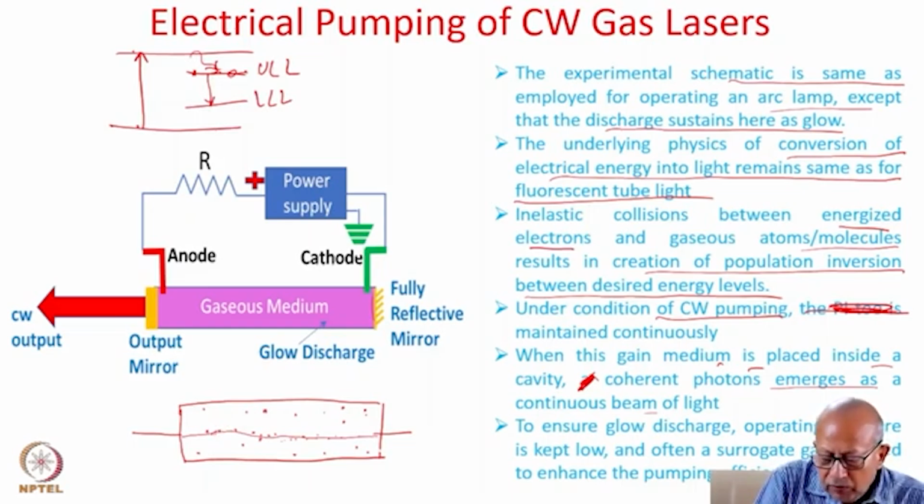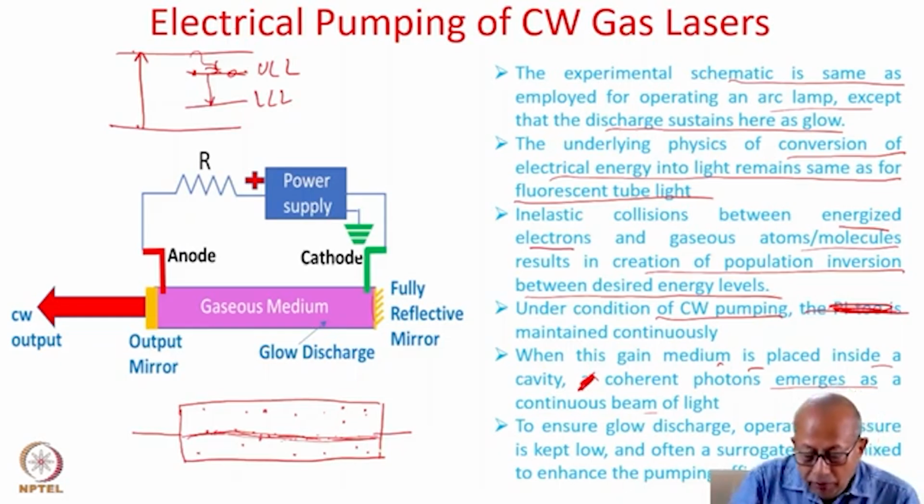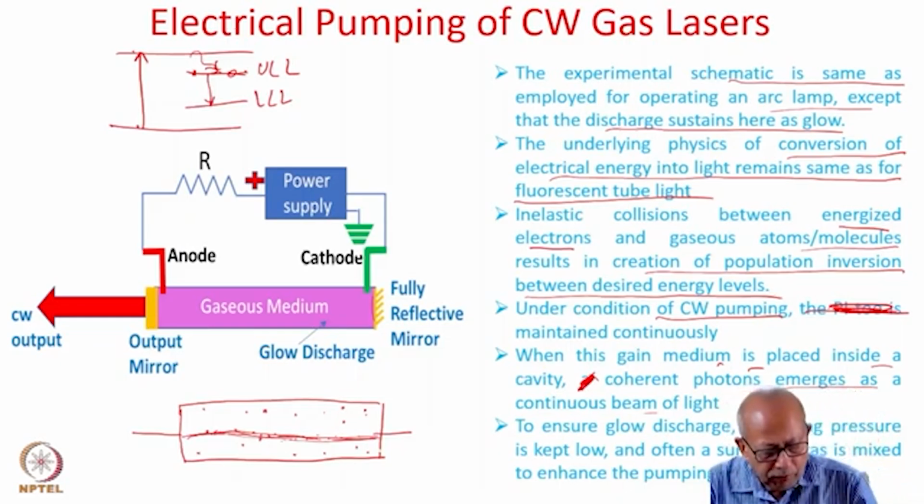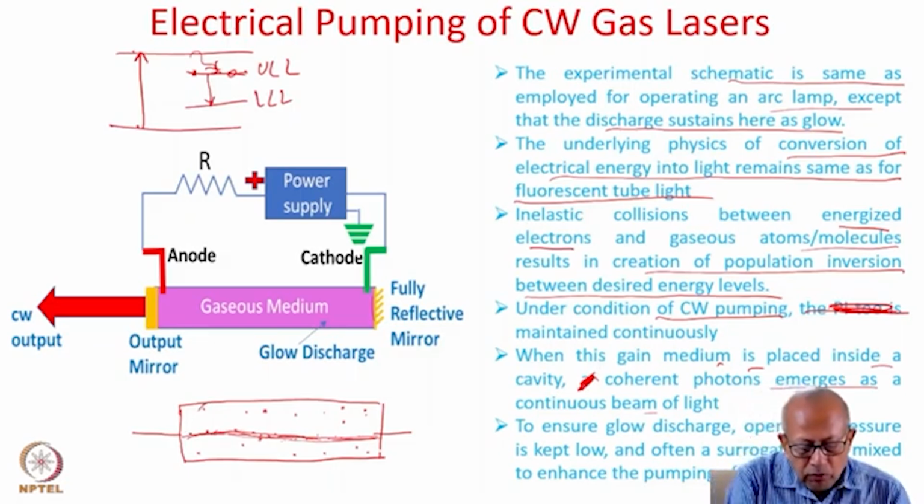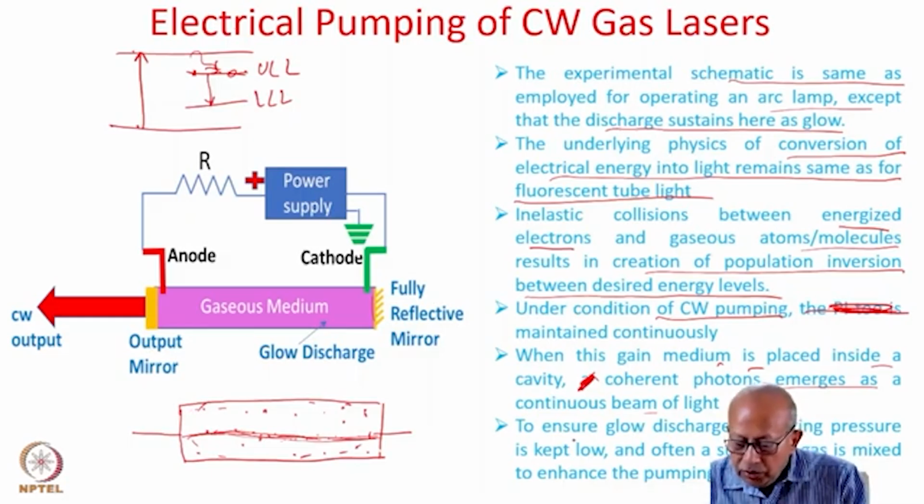And so this instability will stay localized, and eventually the discharge will tend to be restricted across a narrow region, culminating in a filamentary kind of discharge. Only at a low pressure will you be able to fill the volume. So that is why, to ensure glow discharge, operating pressure is kept low.